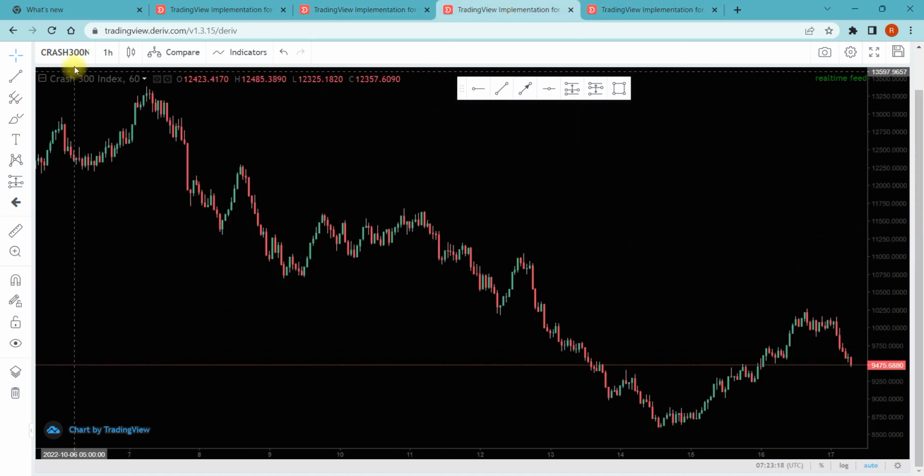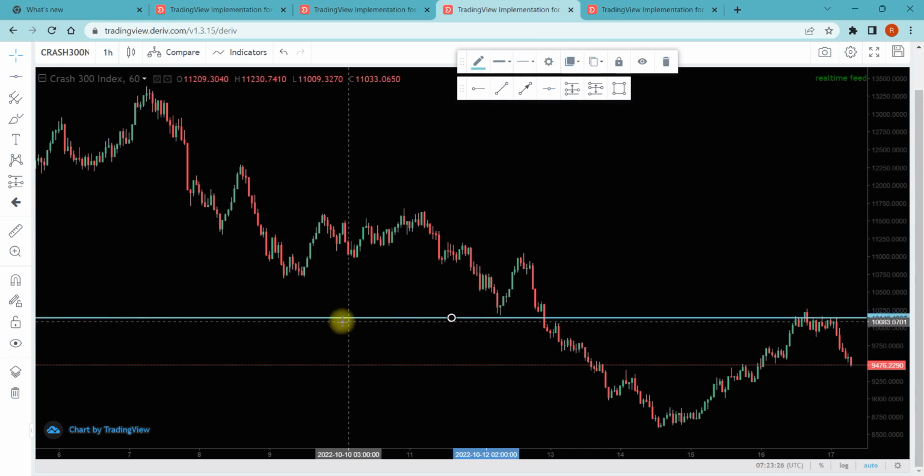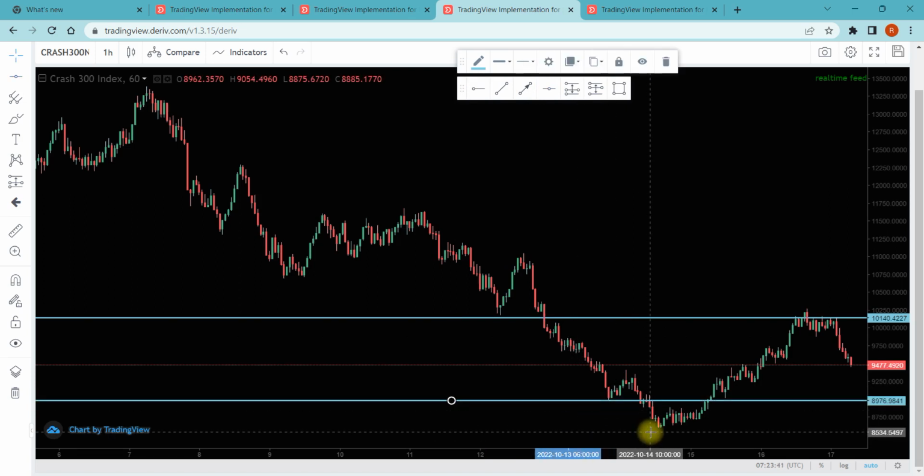All right, so let's go to Crash 300. This Crash 300 is one of the most volatile crash indices that we also have. Currently on the 1 hour time frame, we can see that this is the current resistance area. The market is overall sell, a bear market, and we're expecting the market to get all the way first here, then back to this place and continue dropping.